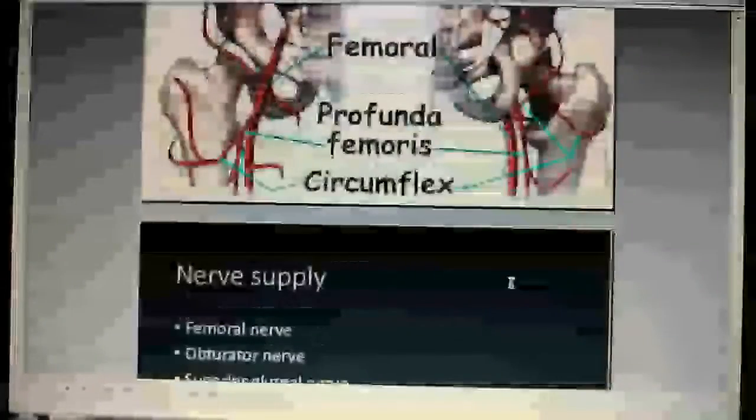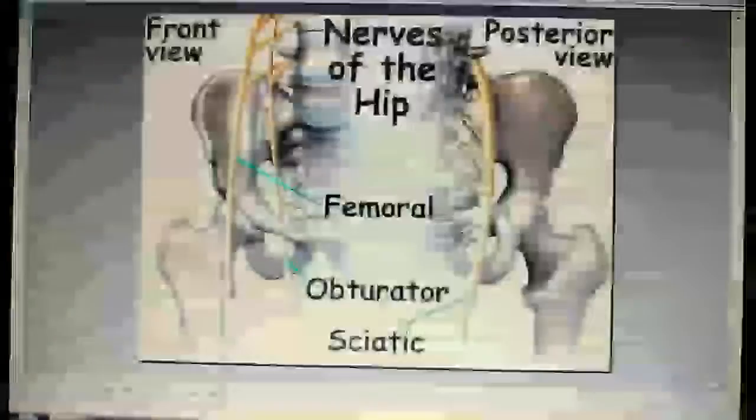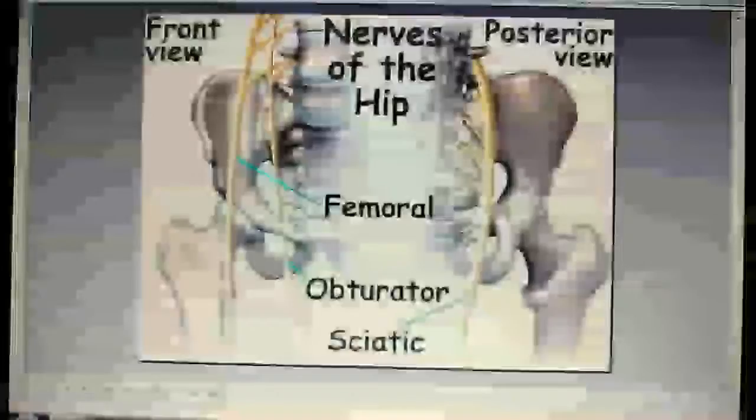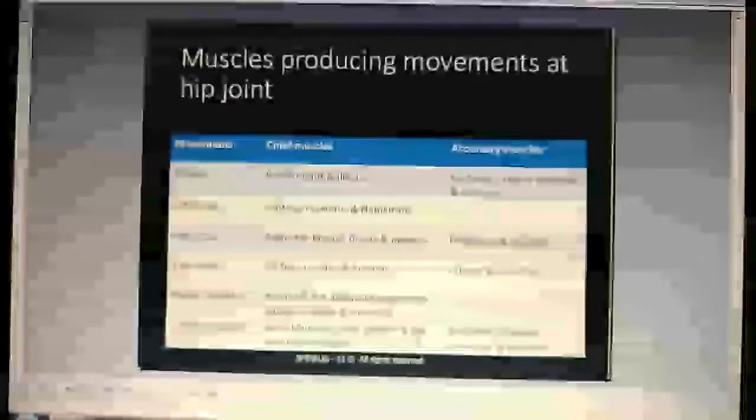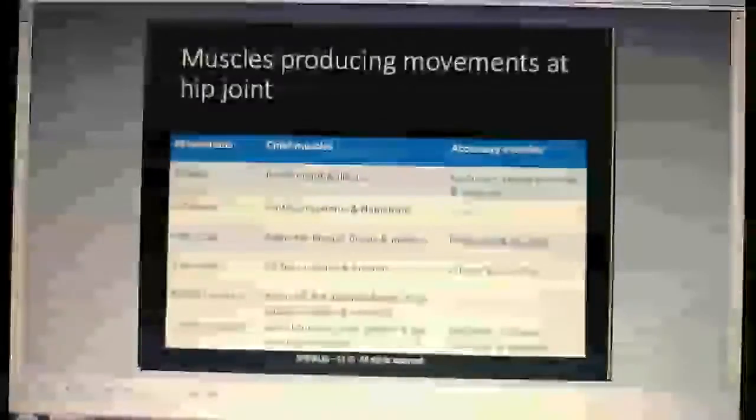First is femoral and medial circumflex artery, nerves, femoral. Extension and hamstring. Vastus and facialis are accessory muscles.